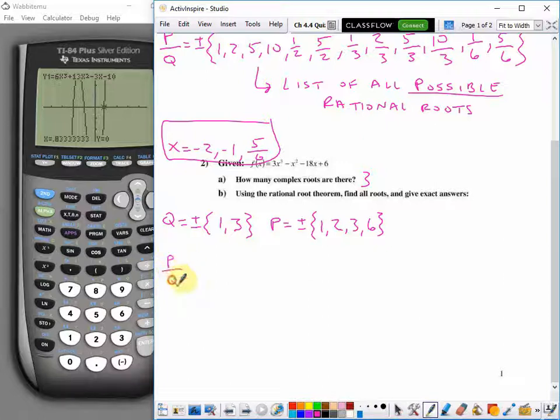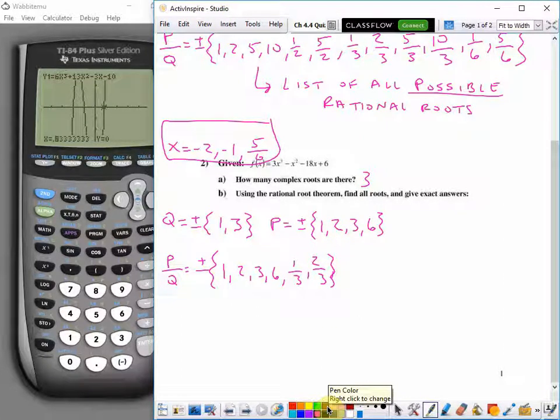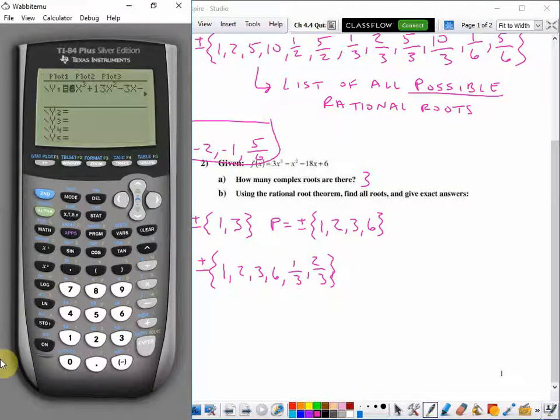So P over Q is plus or minus all the P's over 1, so that's 1, 2, 3, 6. And all the P's over 3, that's 1/3, 2/3, 3/3 is 1, and 6/3 is 2, so that will actually finish my list. Okay, so those are all the possible rational roots. Next, we're going to graph the equation.